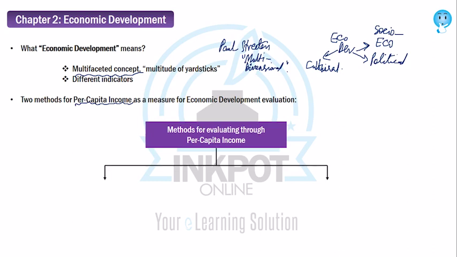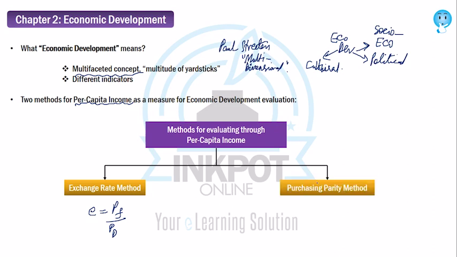The first method is exchange rate method. Very briefly, you need to know this. Exchange rate method essentially means when you have to see your domestic country's goods, services, or production in terms of the foreign currency. So basically you compare the price of foreign currency to the price of domestic currency, convert it, and then see how per capita income varies.